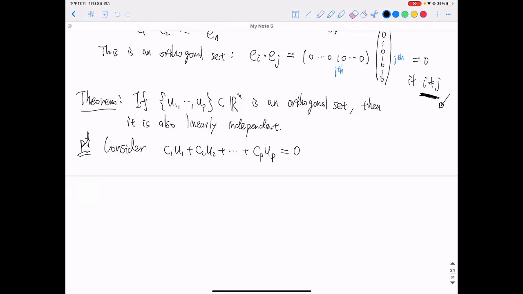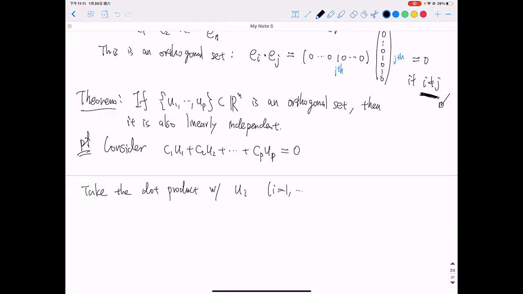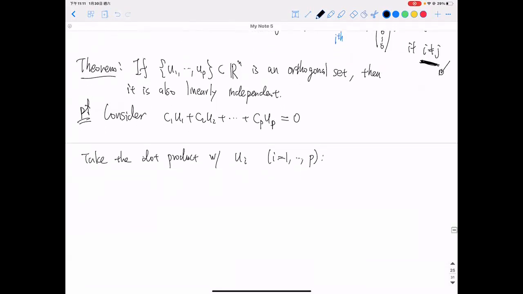Here's what we're going to do. We take the dot product with UI, where I goes from 1 up to P. Okay, and that will give us the following.